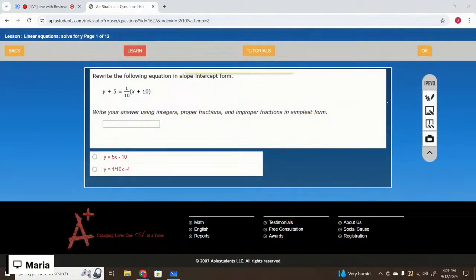Option number 2 is the correct option. y equals 1 by 10x minus 4. Option number 2 is the correct option.